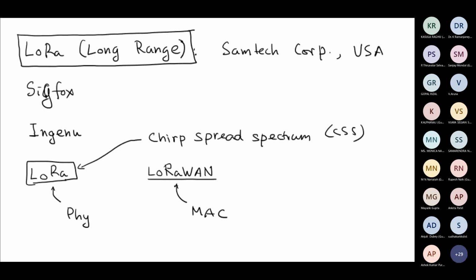Yes. So this Chirp spread spectrum is the secret behind LoRa's long transmission ranges at low power consumption. And the reason behind Chirp spread spectrum's popularity these days is the fact that it is used by one of the most prominent LPWAN technologies in the current market. And this is what motivates our discussion as well.